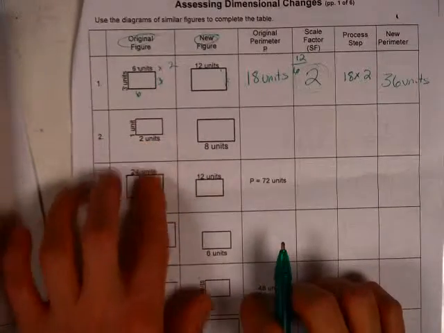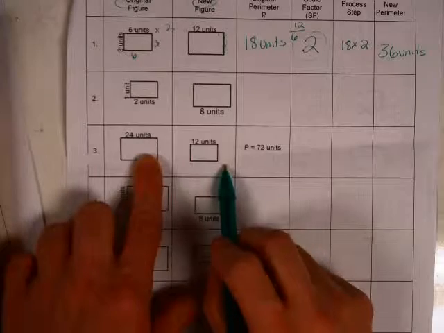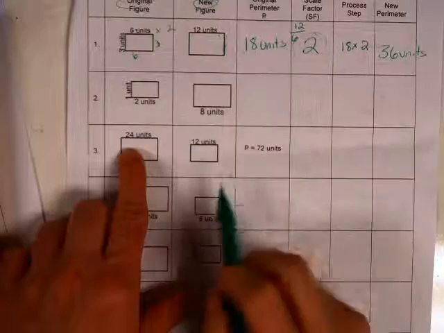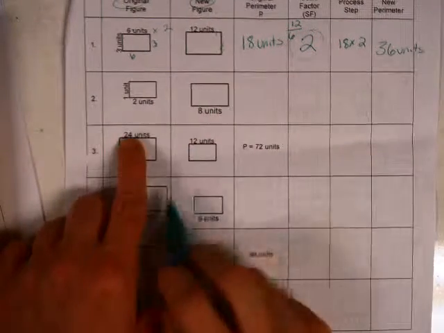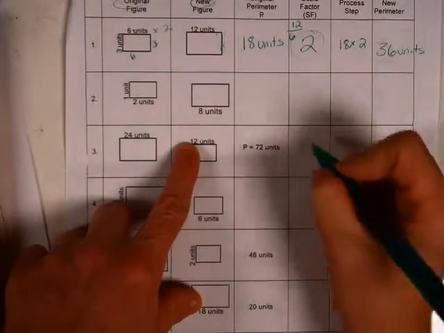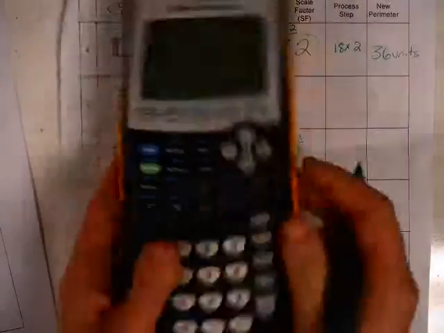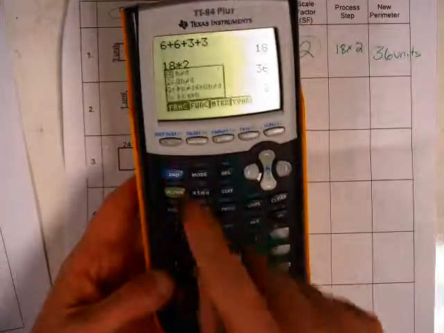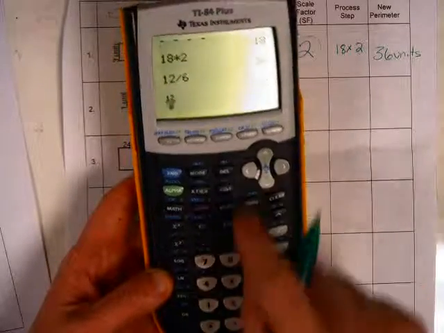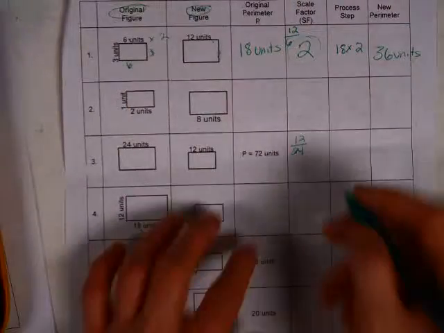So let's try this one down here. Okay, I jumped to number 3. It's given me my perimeter already. I didn't have to find it. It's already there. But I have to find the scale factor. I have to go new over original. So 12 over 24 equals my scale factor of 1/2.